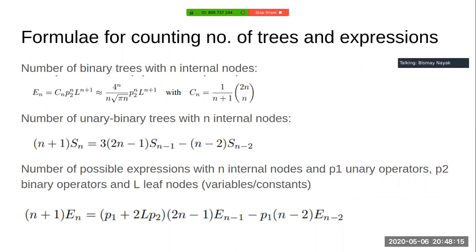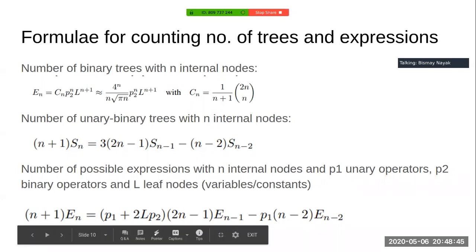Since we are calculating only the number of possible trees, and it has no relation to what kind of operators it has, the set of operators used is just one. There is one kind of unary operator and one kind of binary operator, so that the number of expressions doesn't increase, right? Because to calculate the number of trees, the internal nodes should be similar to each other.